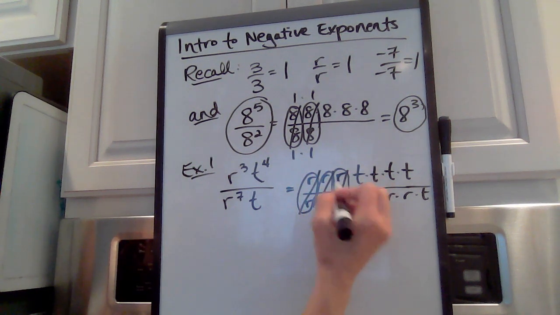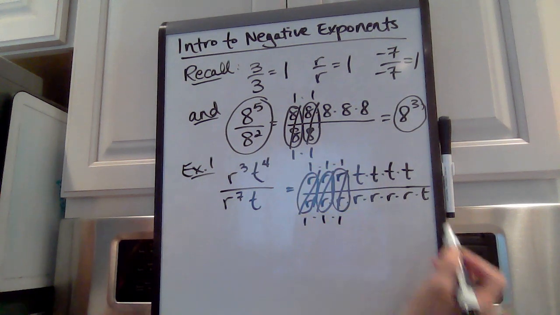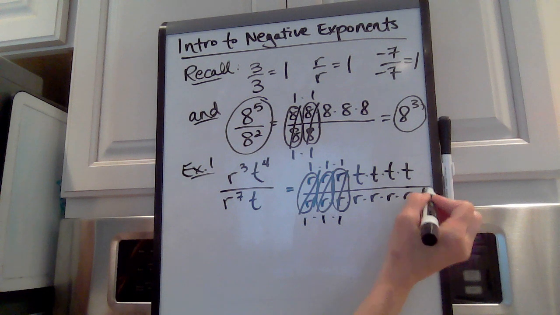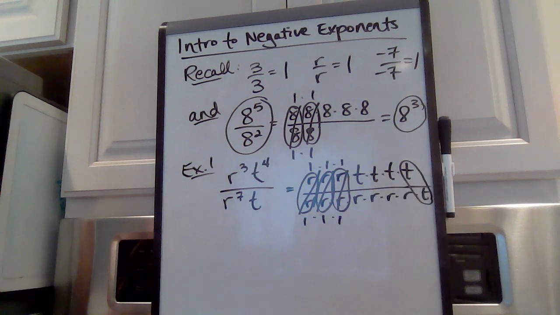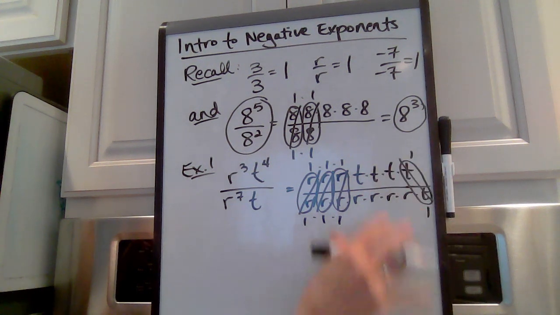So again, if you cancel them out, just remember they are 1s that are being left behind. And then we have 1 t in the denominator that matches up with 1 of the t's in the numerator to create another 1. We don't need these 1s because we have stuff left in the numerator and stuff left in the denominator. But just in case everything cancels out, that kind of helps you remember that it's a 1 that's left behind and not a 0.